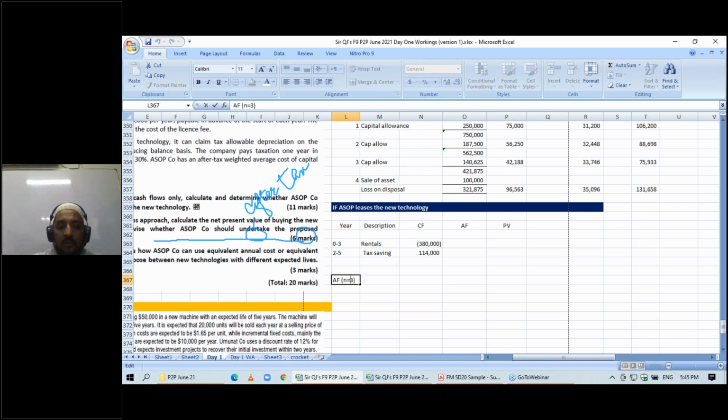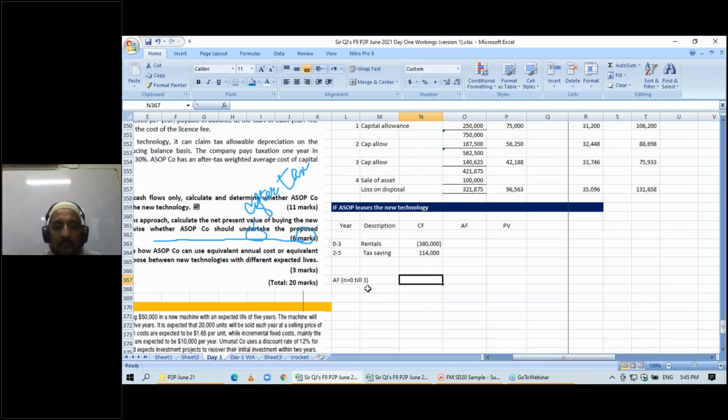Or we should say annuity fraction in case of rentals when n is from year 0 till 3. Now, how will we do this? In the annuity table, they give you the annuity fraction starting from year 1, meaning year 1, year 2, year 3, these three fractions are added in the annuity fraction, right?